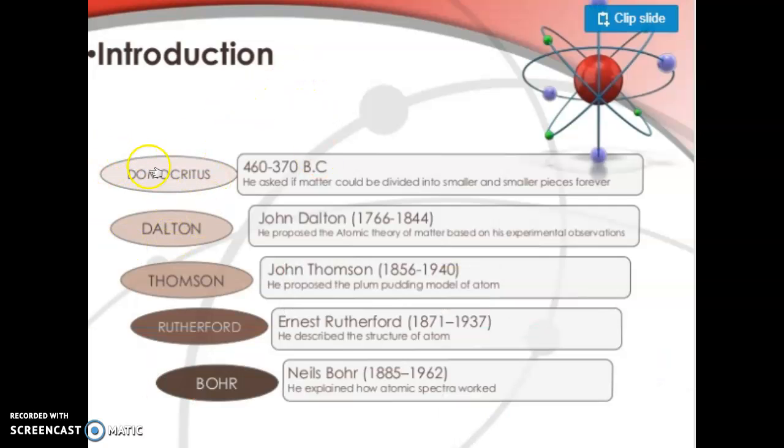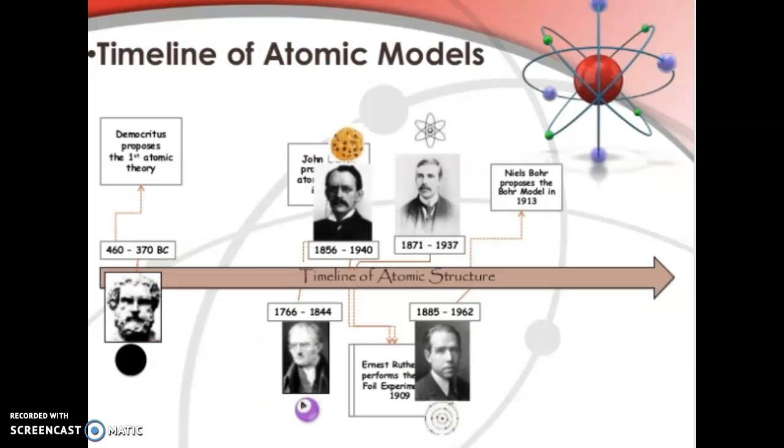We will start with Democritus, then Dalton, then Thomson, then Rutherford, then Bohr. We will do the various atomic models in this sequence. This is the timeline of various atomic models.